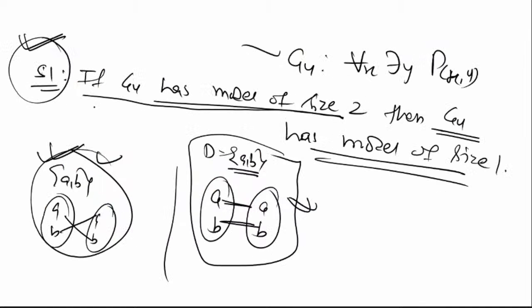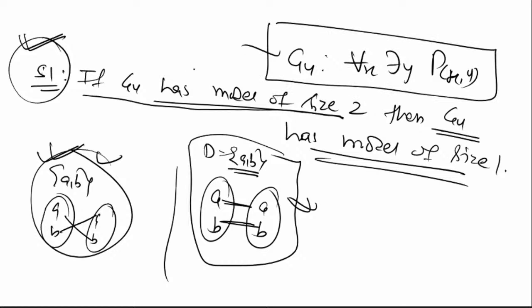For example, here also our statement, this is our G4, and for this G4, if I make this statement that if G4 has a model of size 2, then G4 has a model of size 1, this statement S1 is false because I have a counter example. So intentionally I made this model. Intentionally I was making this model because I wanted to find a counter example.